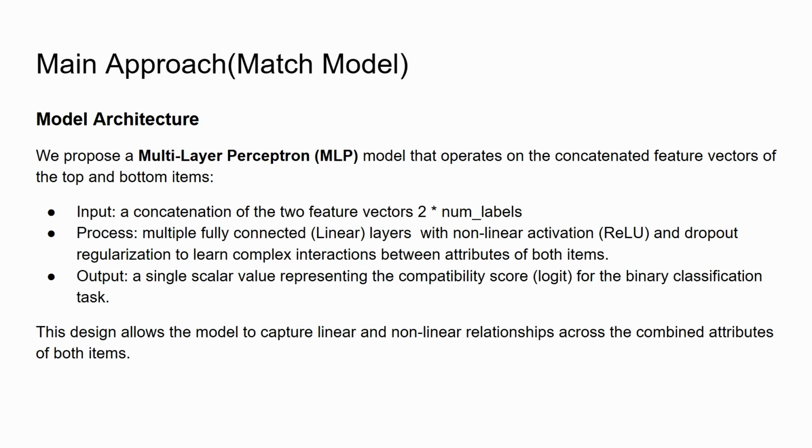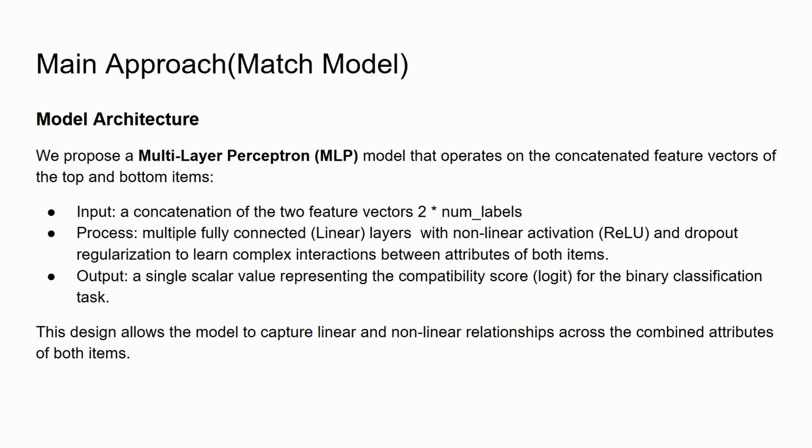Next, let's look at the model architecture. We use a multi-layer perceptron to process the pair of clothing items. The input is the combination of the two feature vectors, so the total input size is 2 times the number of labels. And the model outputs a single scalar value representing the compatibility score for this clothing pair.